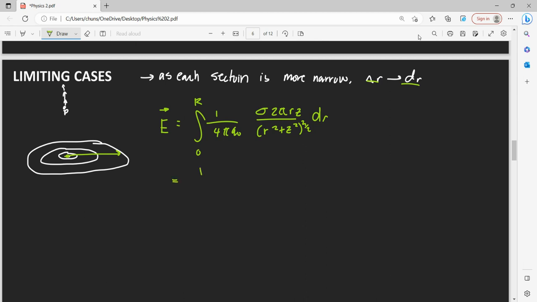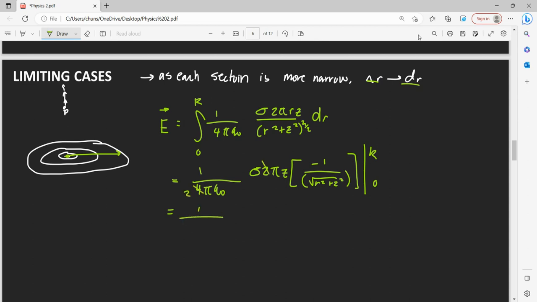All of this is constant, so we're going to kick this out of the integral, 1 over 4 pi epsilon 0. And that leaves negative 1 over the square root of r squared plus z squared, from R to 0. And finally, we see that this will reduce down to 2, so that's 1 over 2 pi epsilon 0.